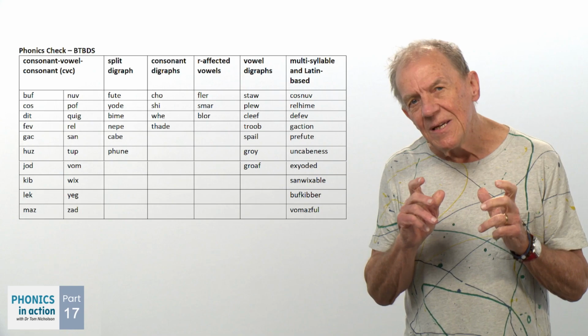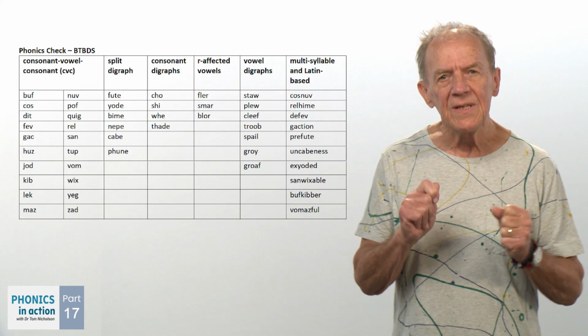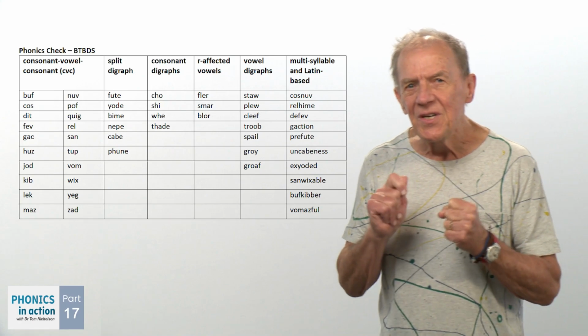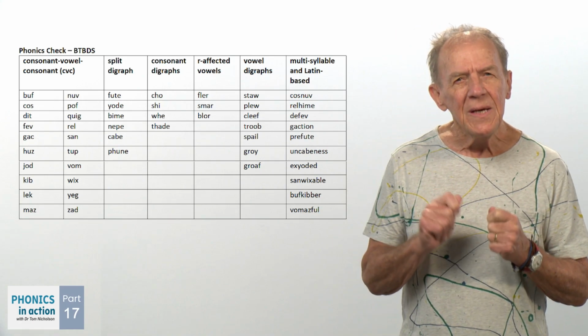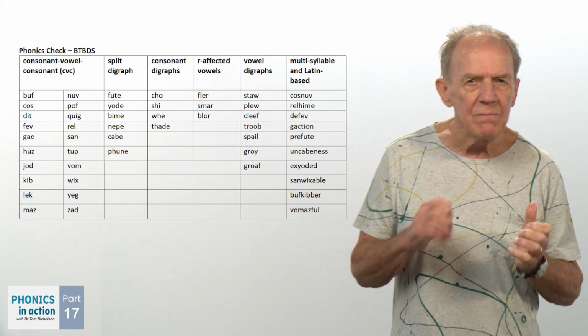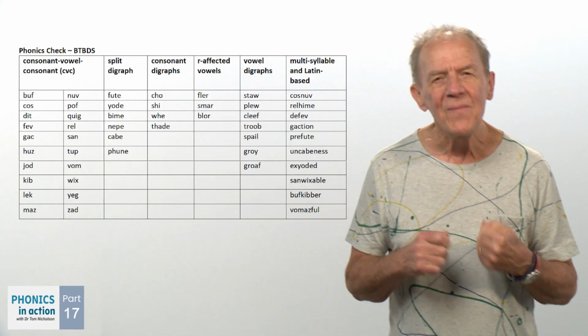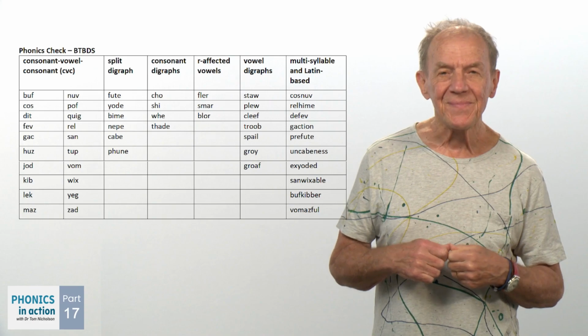Now, section 3 of the check has words that check consonant digraphs. If the student can read these, they should be able to read real words with digraphs like chick and shop, them and fish.